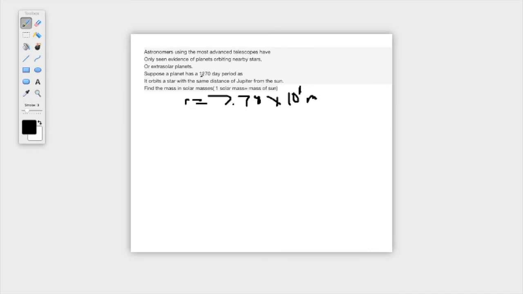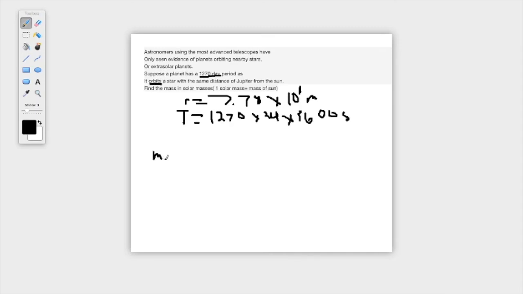And it will also be nice to calculate this in seconds, so all the SI units match up. So the period would be 1270 times 24 times 3600 seconds. So basically, because it's in orbit, it's going to have a centripetal force. So we can apply centripetal acceleration to this.